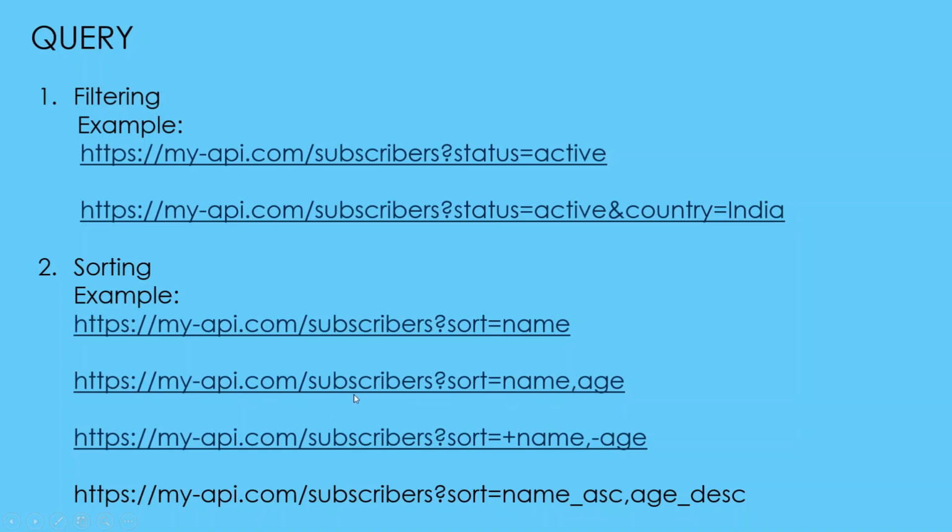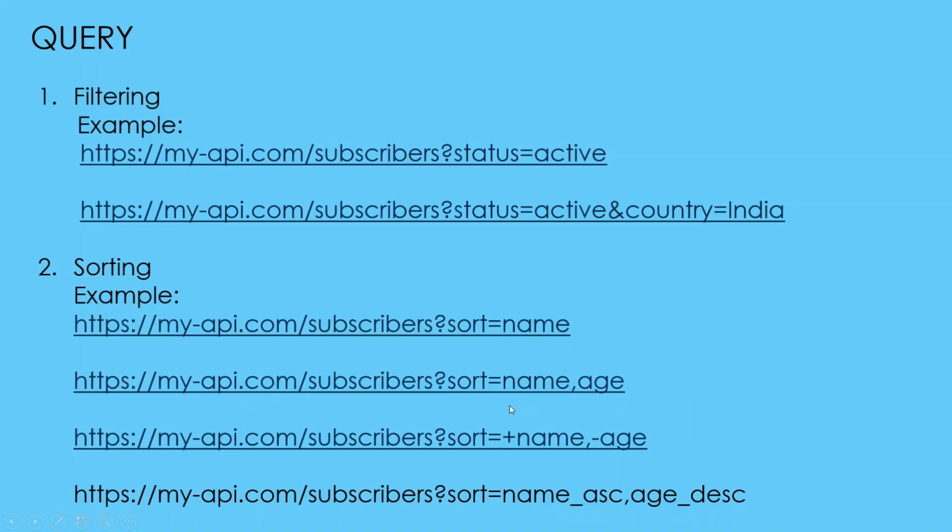So this will sort the subscribers based on their name and age, and by default it will take ascending order. Now if you want to specify the order in which they need to be sorted, for example, I want the name to be in ascending order and the age to be in descending order, you can use the plus symbol to denote ascending order and the minus symbol to denote descending order.